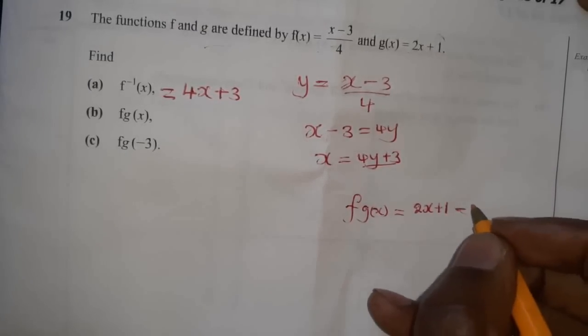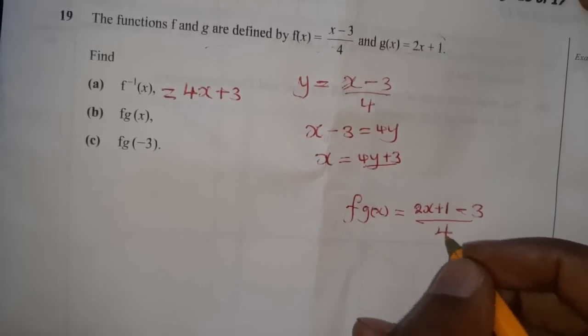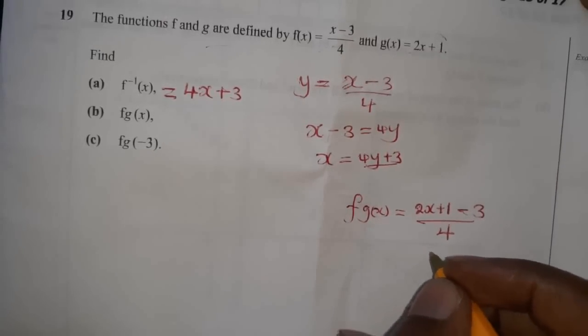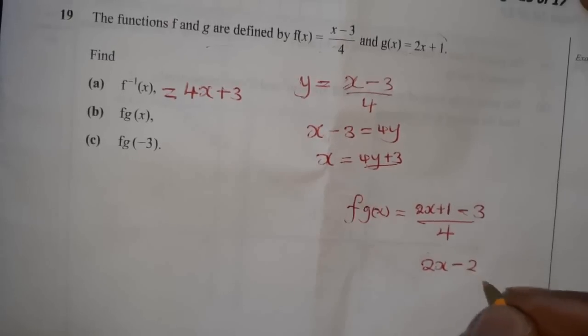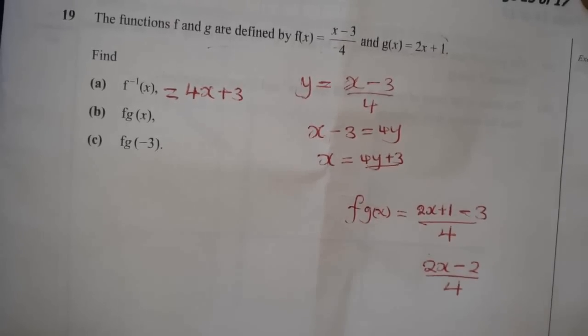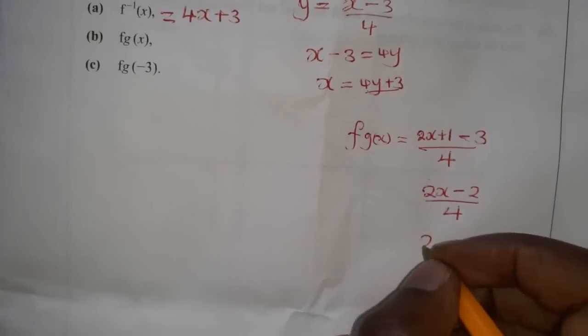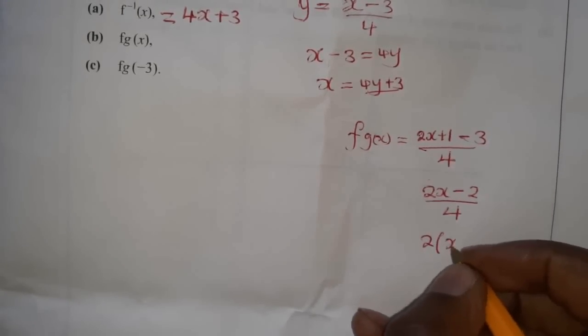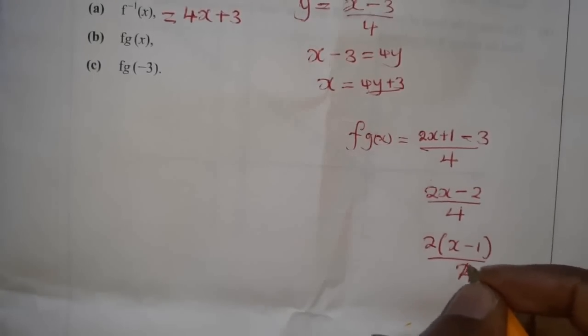Then I'll put minus 3 because we have a minus 3 over 4. So what do I have? I have 2x minus 2 over 4. Now this, you can further say (2x minus 2) over 4.